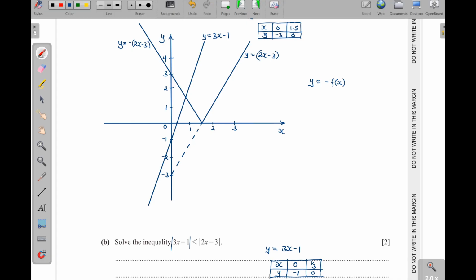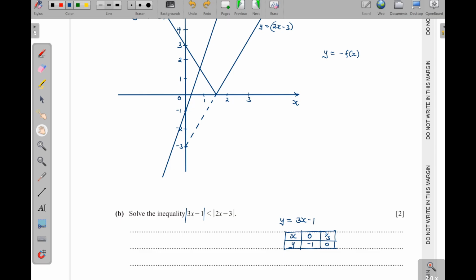On the look of things, this y is equal to 3x minus 1 is only intersecting this negative part of this graph, the one that was reflected. It doesn't meet this one here. So that means when I'm writing here, okay, I'm going to have my 3x minus 1, then I say less than, it is intersecting the negative of this one.